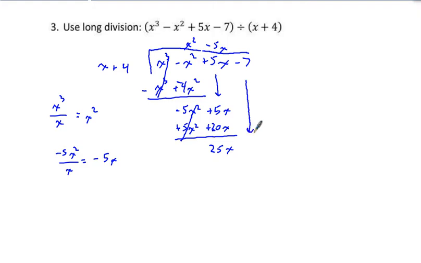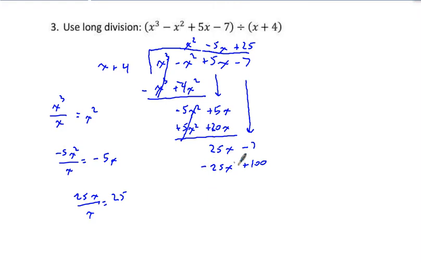Bring down negative 7. And we repeat. 25x divided by x equals 25, which will go in the constant column. And we multiply 25 times x and 25 times 4.